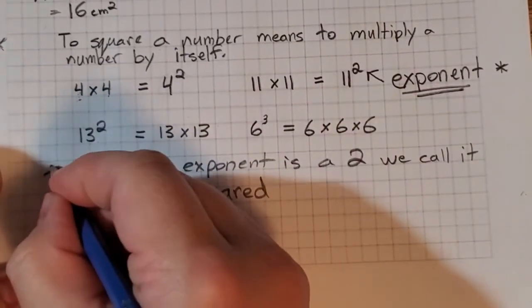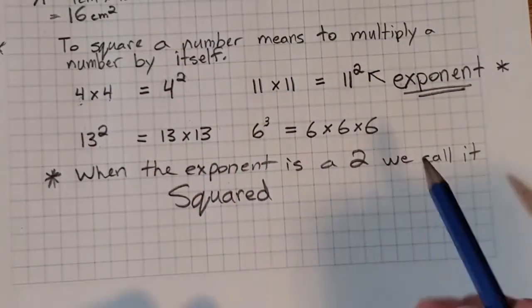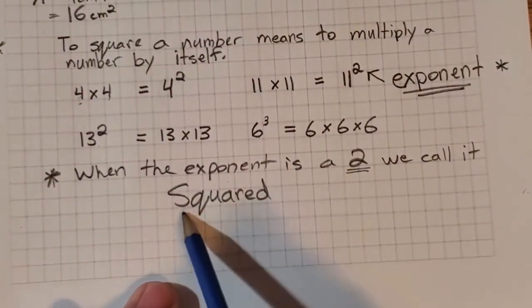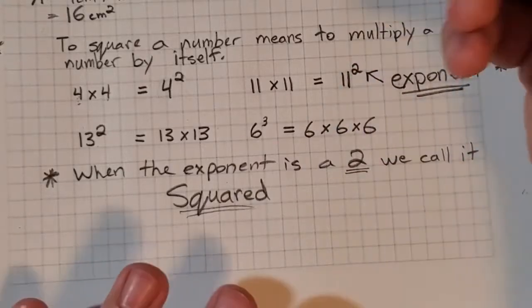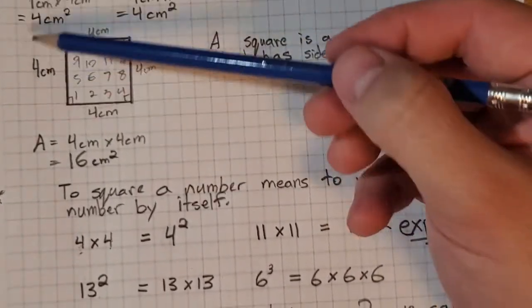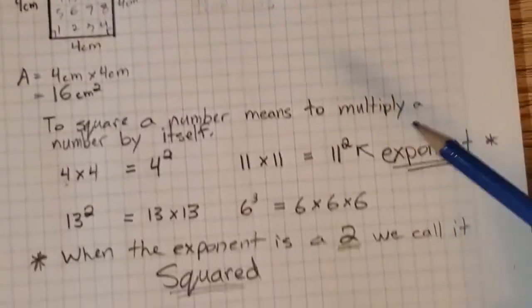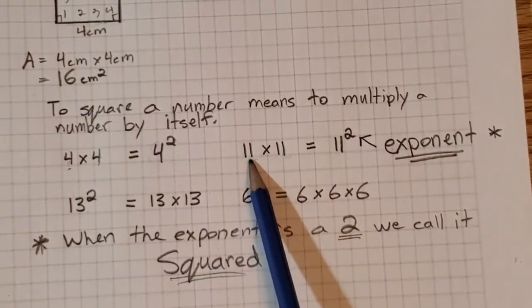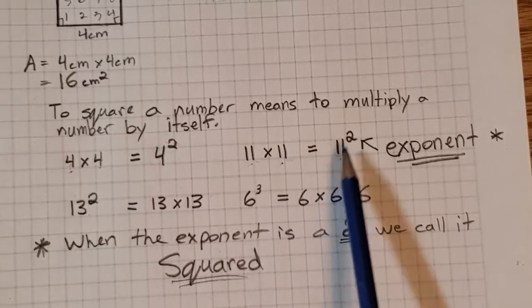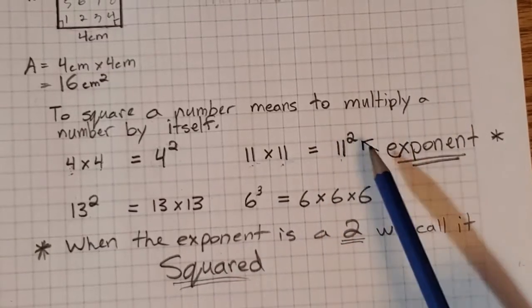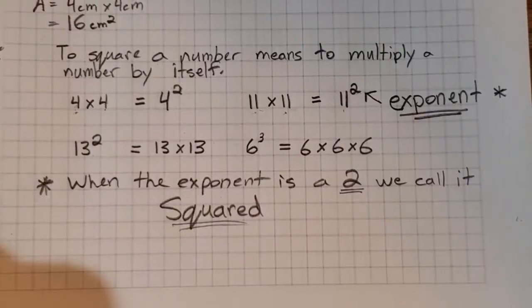When we see an exponent of 2, we call it squared. Why? Because when you're calculating the area of a square, you take a number and multiply it by itself. So if we're multiplying a number by itself, that is 11 squared. So that's where we get that idea of that 2.